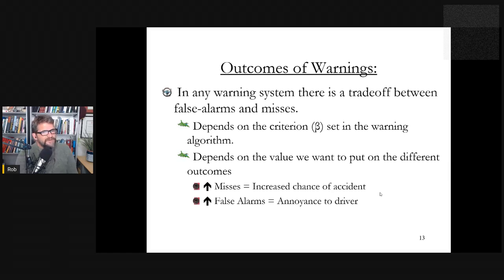The cost of that is going to be a fairly high number of false alarms. I'm going to have to warn you sometimes when you really don't need to do anything, which is going to be a bit annoying. But the consequence of a missed warning in driving is very high. A rear end collision is very dangerous, right? The cost of a false alarm is just kind of annoyance. So it's important, but not as important, right?